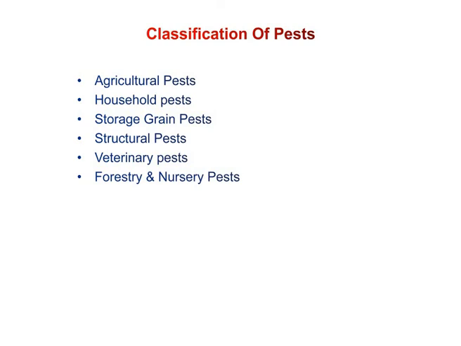Now, the second type of pest is the household pest. The household pests, which are very common, include sandfly, then Culex, which is a mosquito, then Aedes, again a mosquito. After that, the housefly, we are all familiar with the housefly.